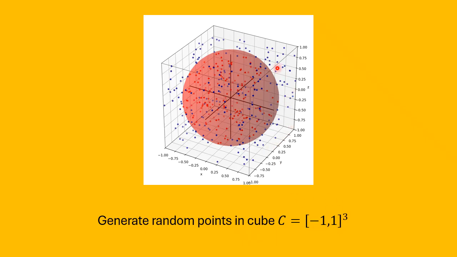Now, some of these points inside that cube are outside the ball, and some other points inside this cube are inside this ball. Our integration is going to use all the points that are inside this cube, whether or not they are inside the ball, in order to do our interval estimation.